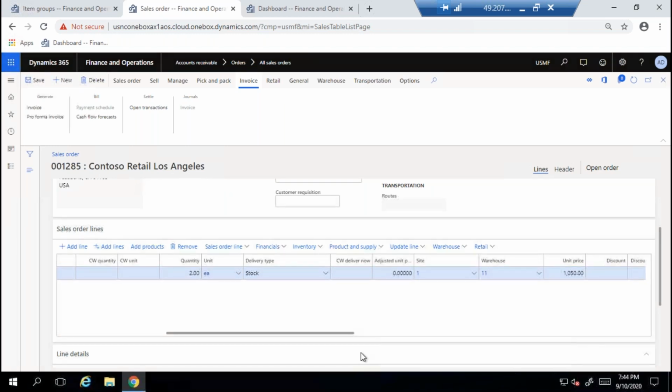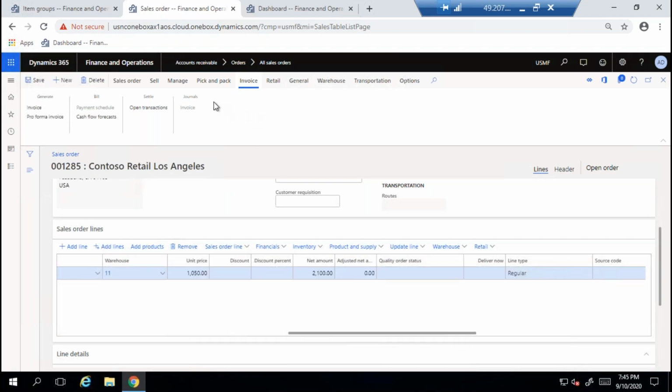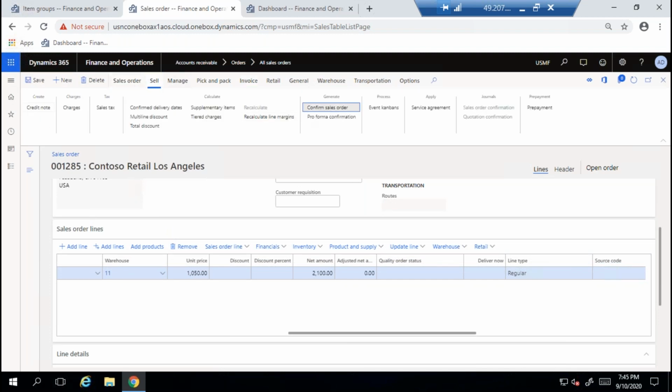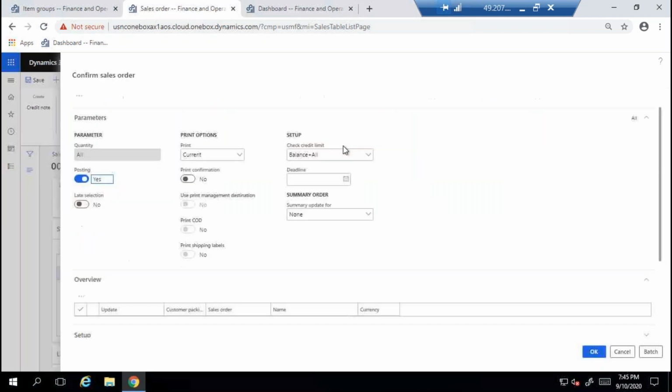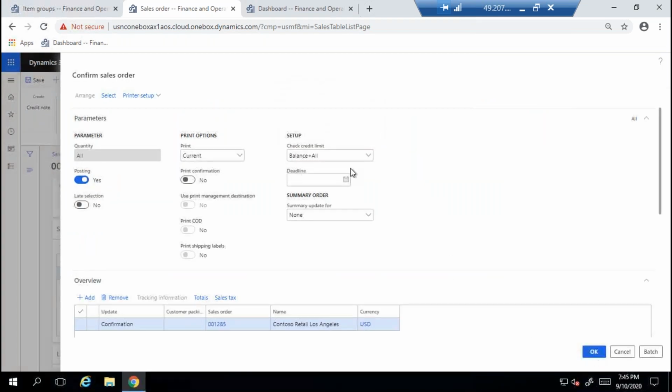That means 1100. Okay. Now I'm doing confirmation. Sales order confirmation is not mandatory, but you have the option. Click OK.